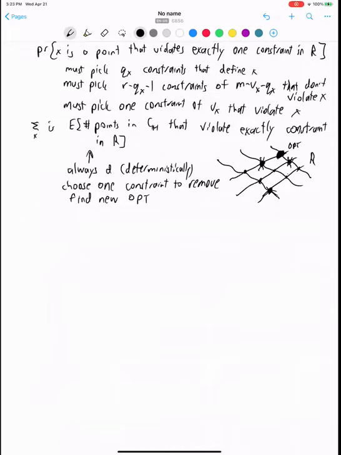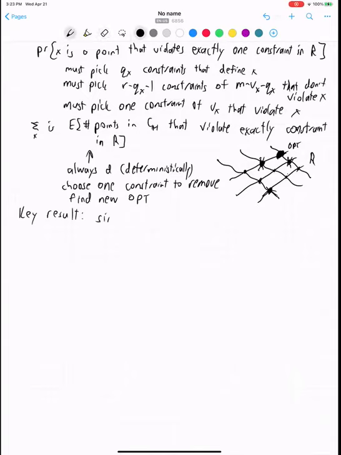Okay, so now we're done, right? So again, lots of proof machinery, but the key result was this sub-exponential time, this simplex runtime that is only exponential in the dimension and not in the number of hyperplanes.